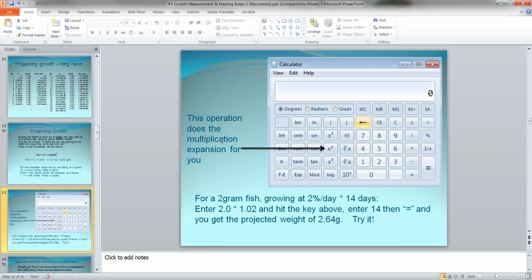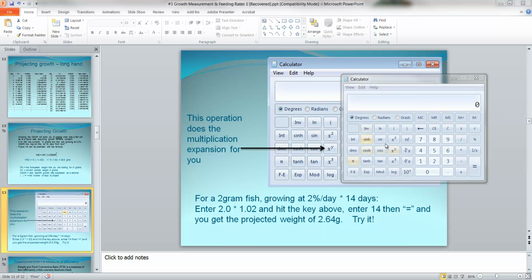Let's just go on and do this operation like we did the last time. I'll make up my own, and we'll work through that. This x to the y is what you're looking for to do that new formula. Now I have to find my calculator here. Okay, I got that. So this x to the y right here is what I'm looking for.